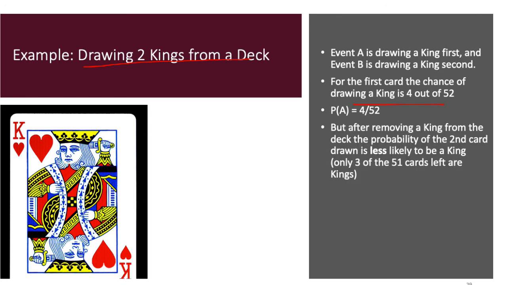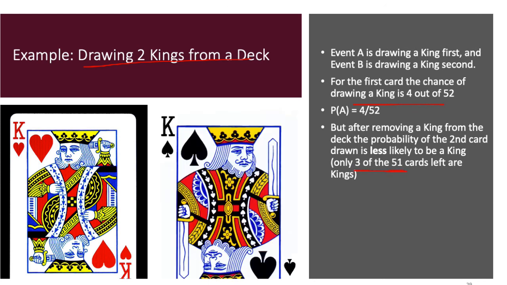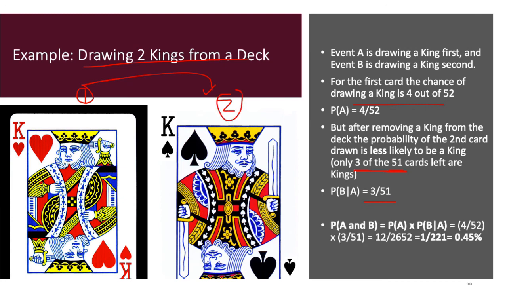So after we remove the king from the deck, the second card is now less likely to be a king because there's now only 3 kings left out of a total of 51 cards. So the probability of the second card being a king is 3 out of 51. What is the probability of these two events? Event 1 followed by event 2, that would be 4 out of 52 times 3 out of 51, which is equal to about 0.45%. Now notice here we didn't specify a suit. This is a king of any suit. This is coincidence that we have a heart and a spade.